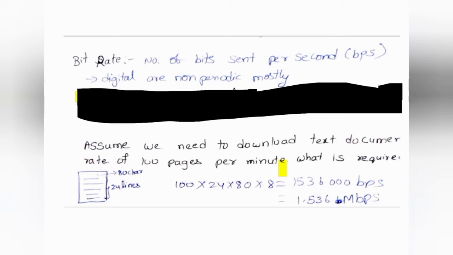Here we assume each character requires 8 bits, so we multiply it by 8. 100 into 24 into 80 into 8 equals 1,536,000 bits per second. We can simply write it as 1.536 megabits per second.